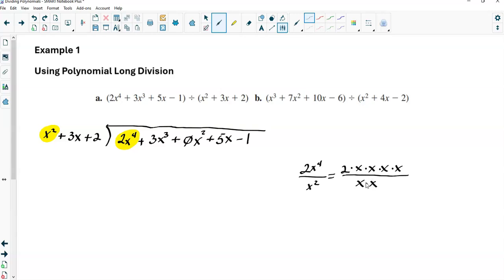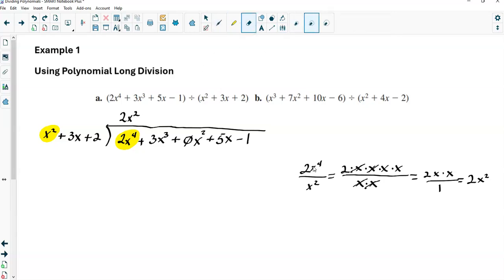Now, any number over itself is 1. So basically you could cancel these, and you would have 2x times x over 1, which is basically 2x squared. So 2x to the fourth power divided by x squared is 2x squared. That's the number that goes here.